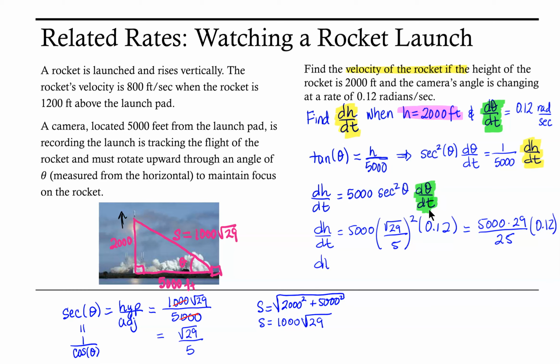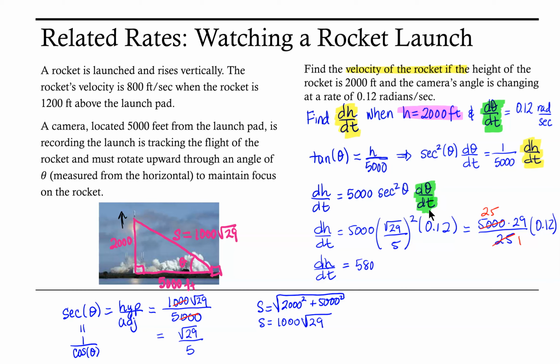Then dh/dt is equal to, so we can simplify the 25 going into 5,000 to make our life a little easier. 25 goes into 5,000 25 times. And then we can multiply the 25 and the 29, and we get 5,800.